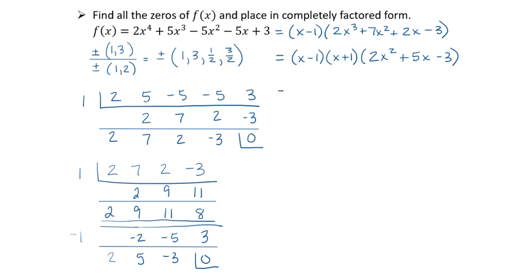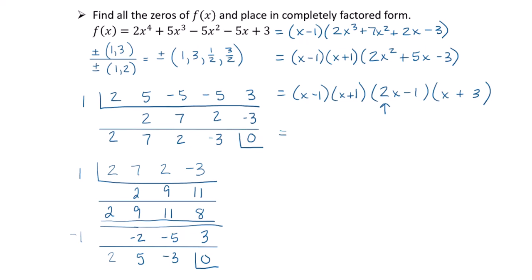So I've got an x minus 1 times an x plus 1 and 2x and x. Let's try a 3 and a -1. That would give me my positive 5x that I need in the middle and my -3 constant term.